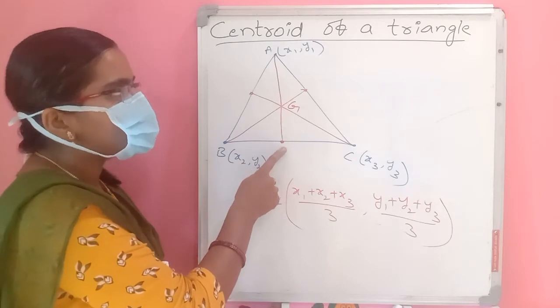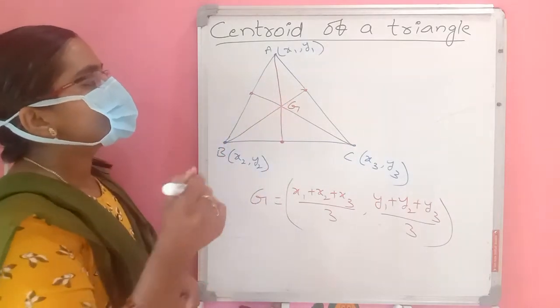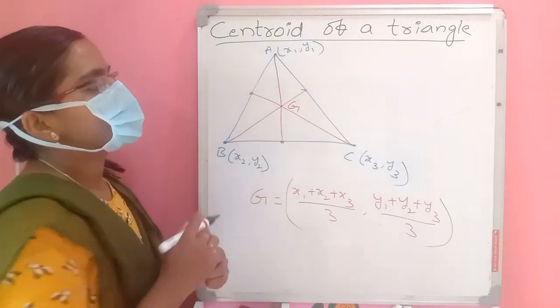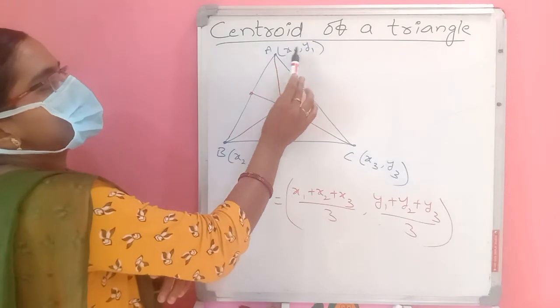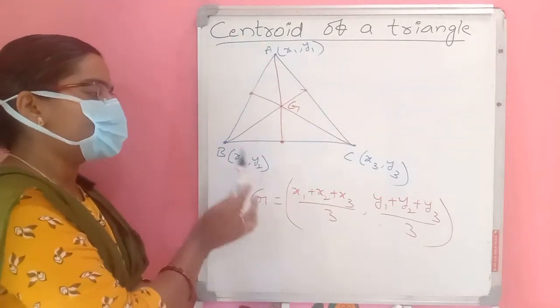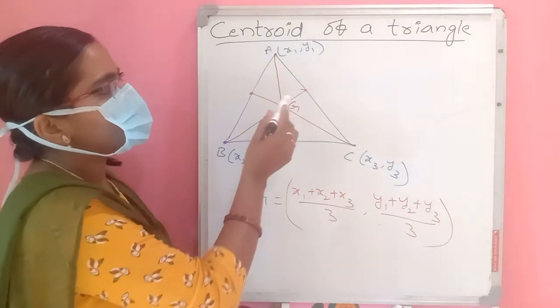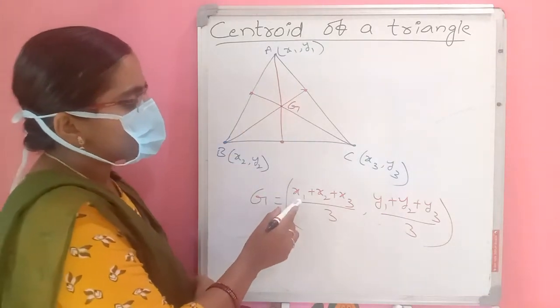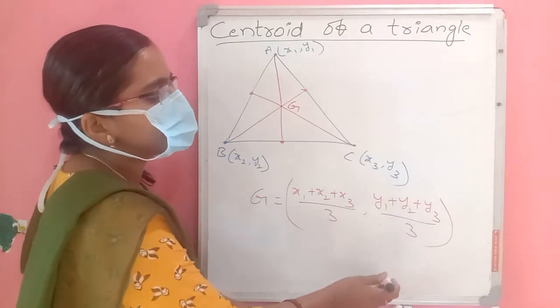So here we have 3 medians, and their meeting point G is called the centroid. If A is (x1, y1), B is (x2, y2), C is (x3, y3), then the centroid G is ((x1 plus x2 plus x3) by 3, (y1 plus y2 plus y3) by 3).